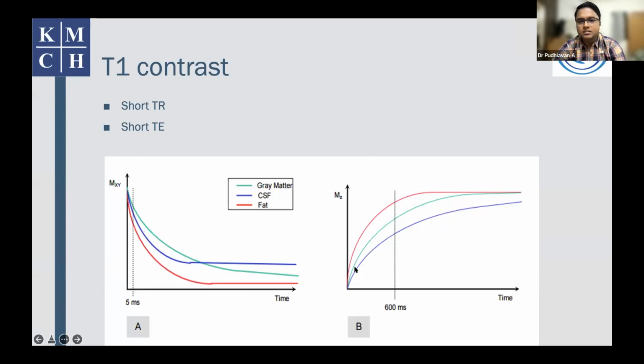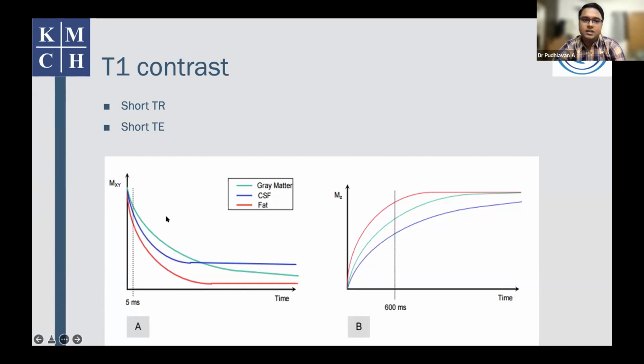Whereas in the T1 relaxation curve, the difference between the T1 curves of different materials is greatest immediately after the RF pulse. With time, the T1 relaxation curves of all these tissues will reach the maximum value, and the difference between different tissues will cease to exist as time goes by.